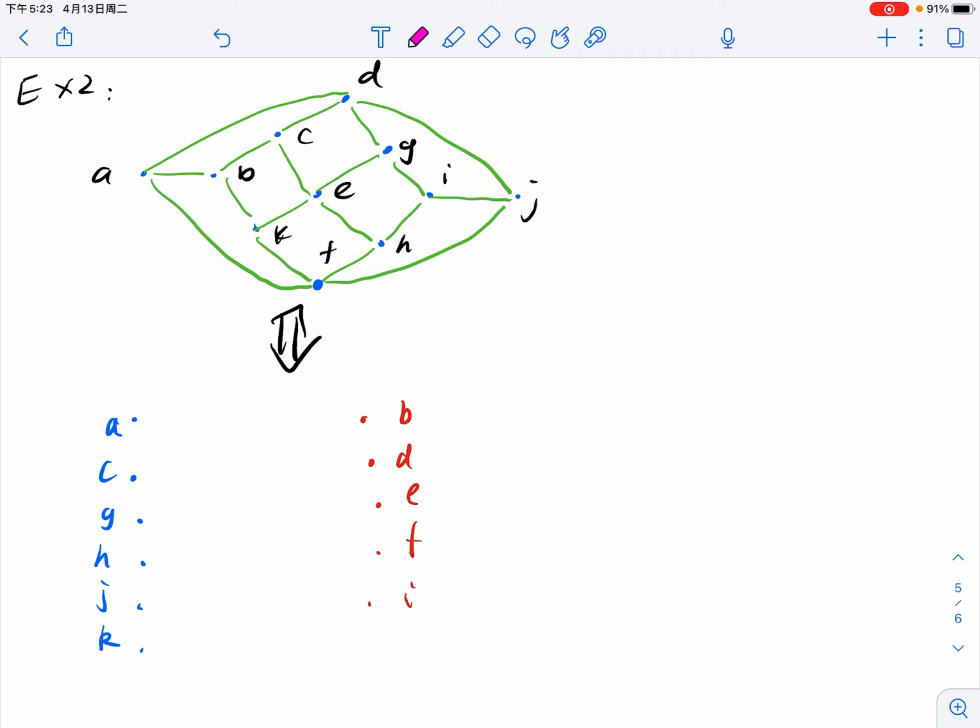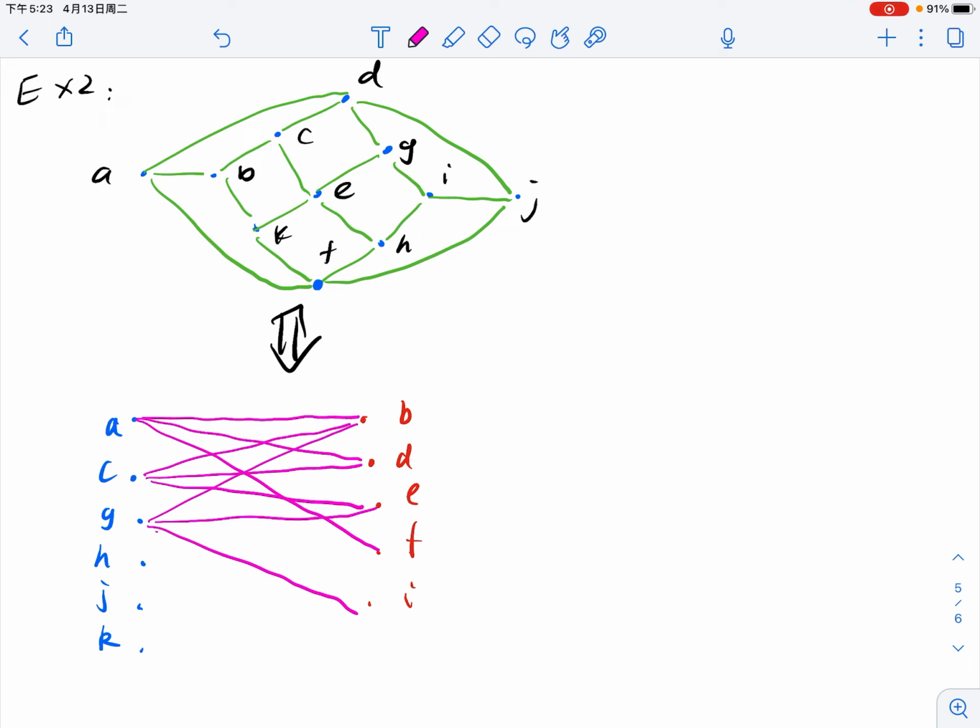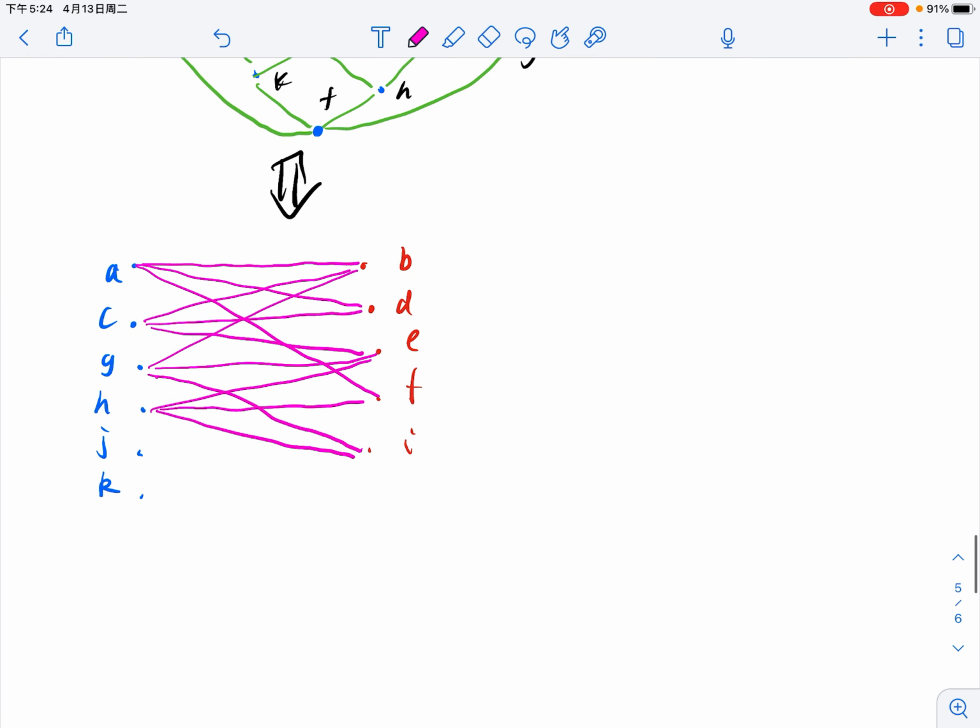A is connected to B, D, F, and C is connected to B, D, E. G is connected to B, E, I. H is connected to E, F, I. J is connected to B, F, I. K is connected to B, E, F. Oh, sorry, here I made a mistake.